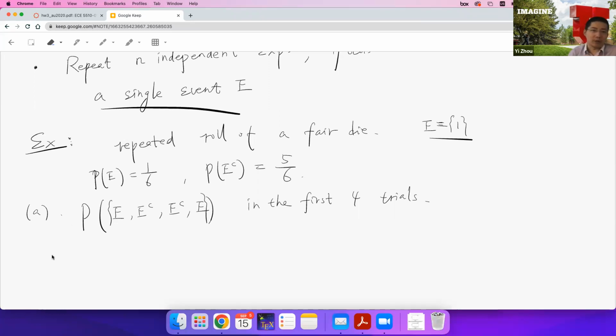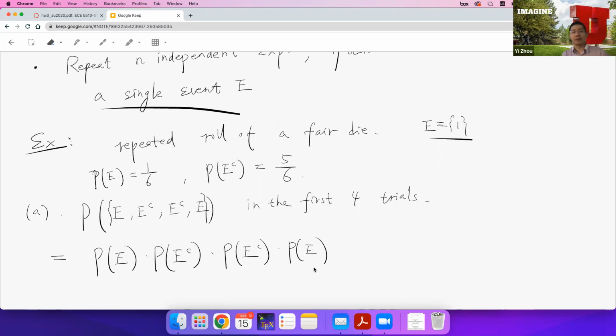So by independence, we just decompose the joint event as the product of the probabilities of the individual events, and each of them is given here.